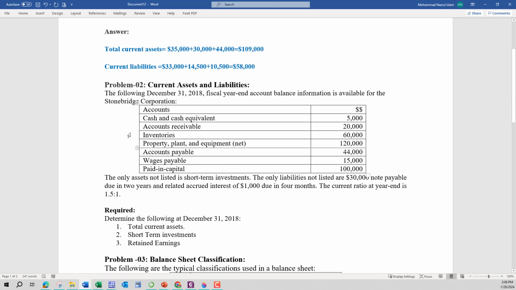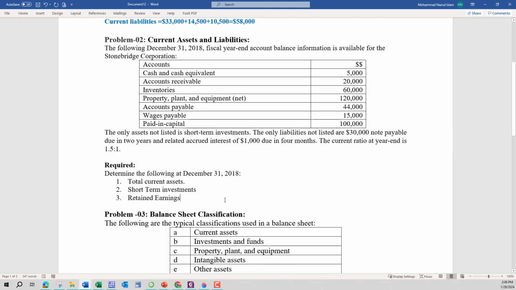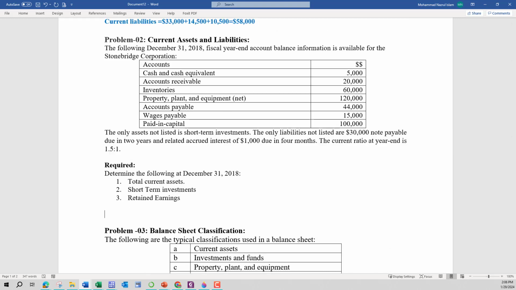Okay, now come to problem number 2. We have been given December 31st, 2018, the balance information accounts: cash and cash equivalents, accounts receivable, inventories, property, plant and equipment net, accounts payable, wages payable, paid in capital.